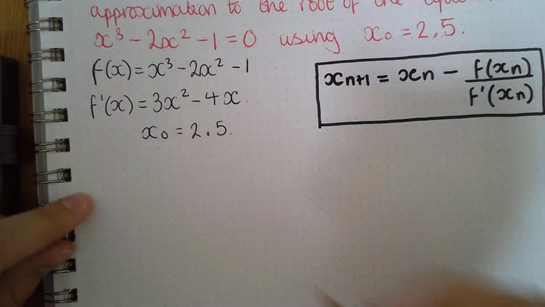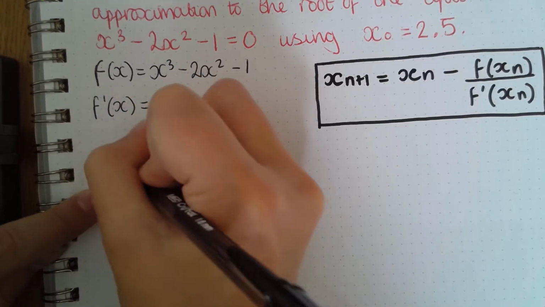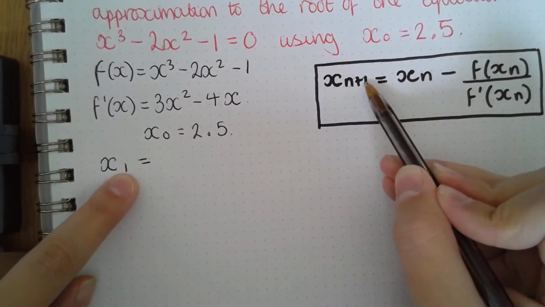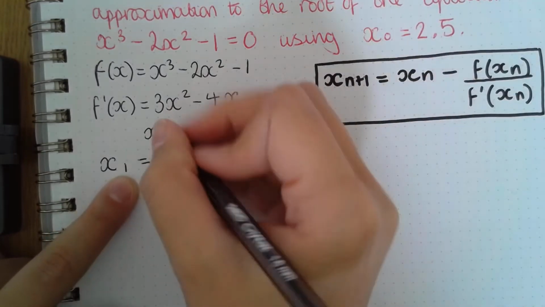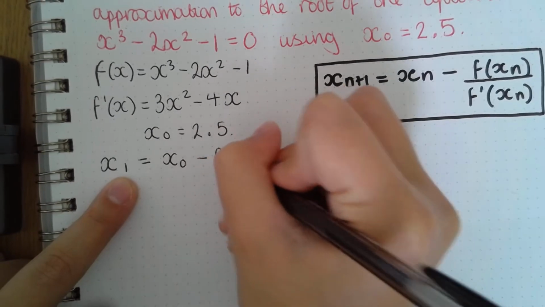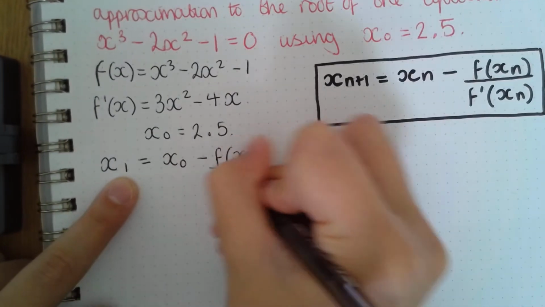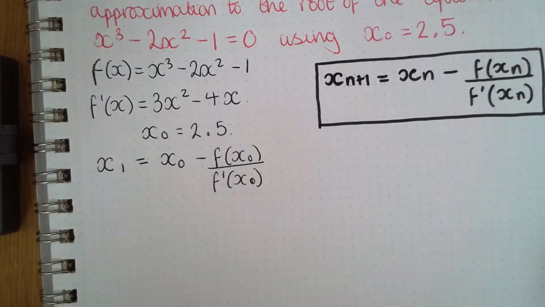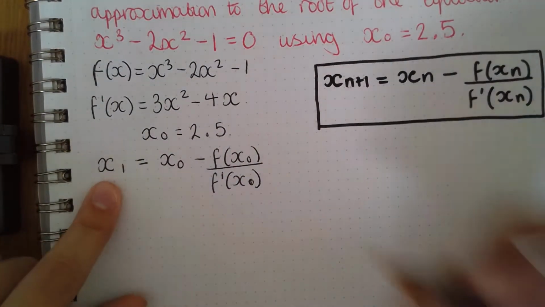So to find x1, if n plus 1 is 1, n must be 0. So we're going to do x0 take away f of x0 divided by f prime of x0. That's how we're going to calculate our x1.